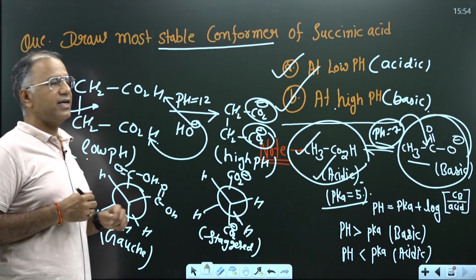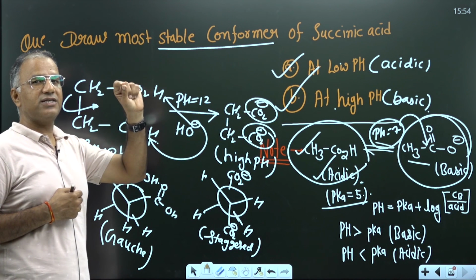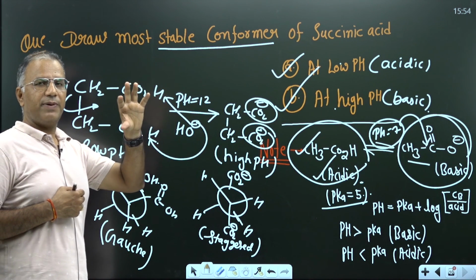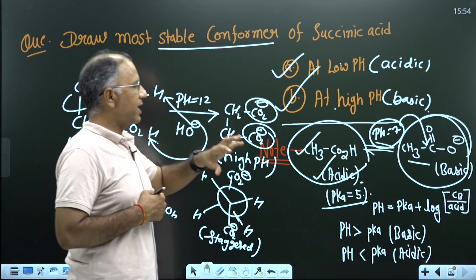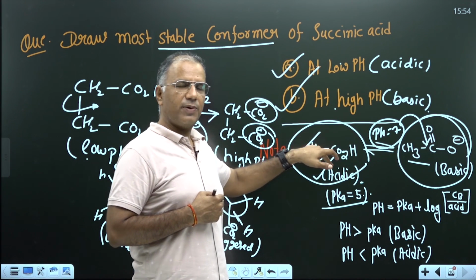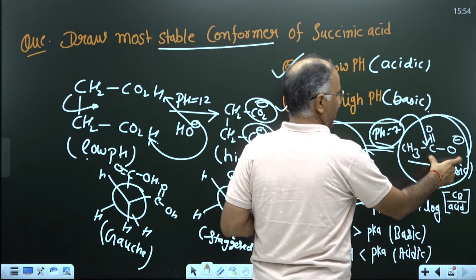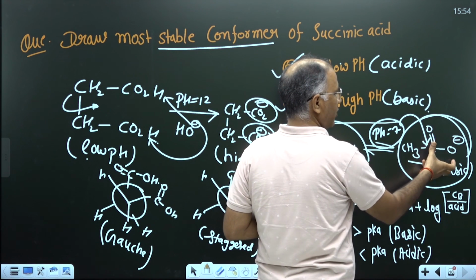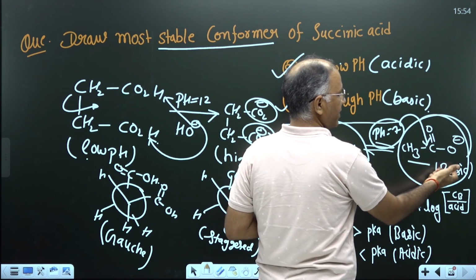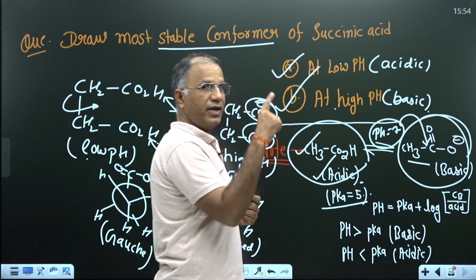Sometimes in a reaction we write that this reaction gives the best yield at pH 10, pH 9. Now how is that pH decided? That will be decided on the basis of the pK value of that particular acid. For example, in some reaction we require this acetate ion. Our purpose is to use that acetate ion, meaning we require basic solution. Then what should be the pH of that reaction?